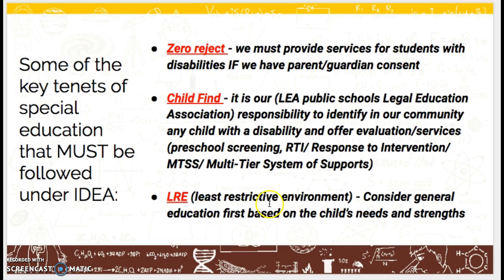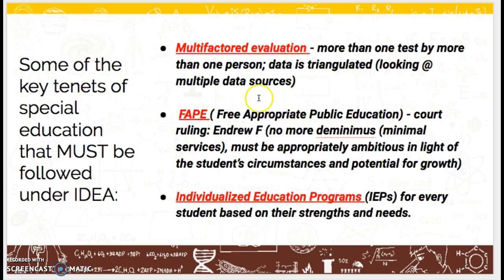LRE stands for the least restrictive environment, which means we always consider general education first based on a student's strengths and their needs, and we're going to determine what the best place for that student to learn, but we always start by considering the general education classroom.